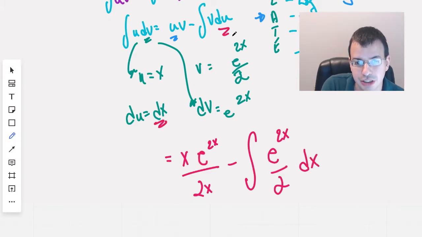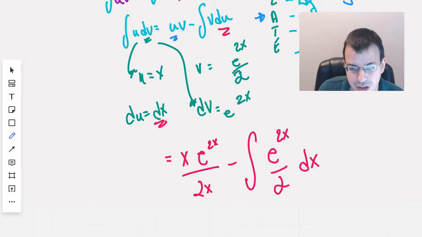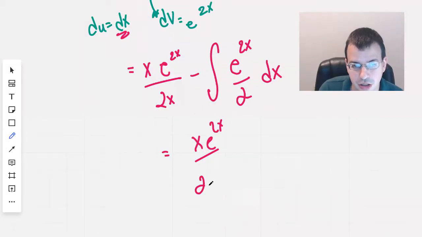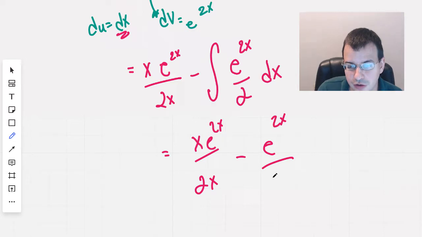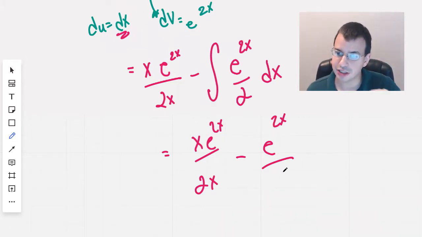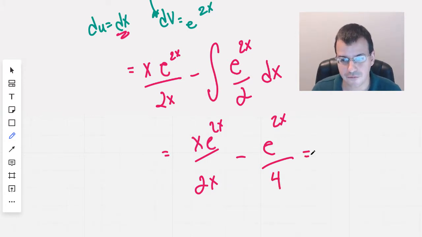This gives us x e to the 2x over 2, minus e to the 2x over, so the integral of e to the 2x, as we did earlier, is e to the 2x over 2. We already have a 2 there, so we will get 4.